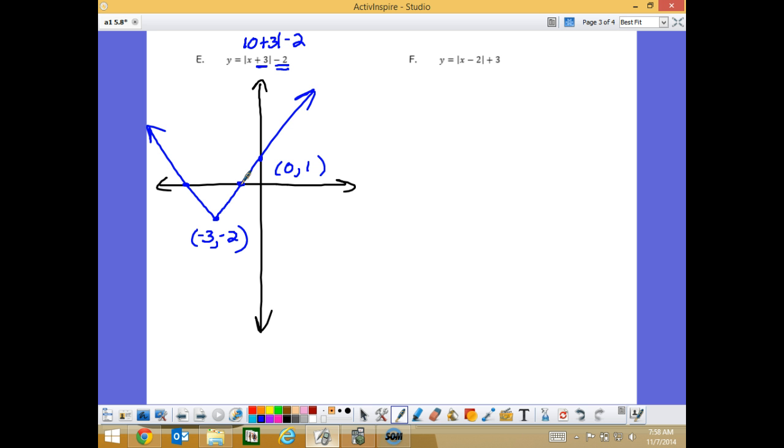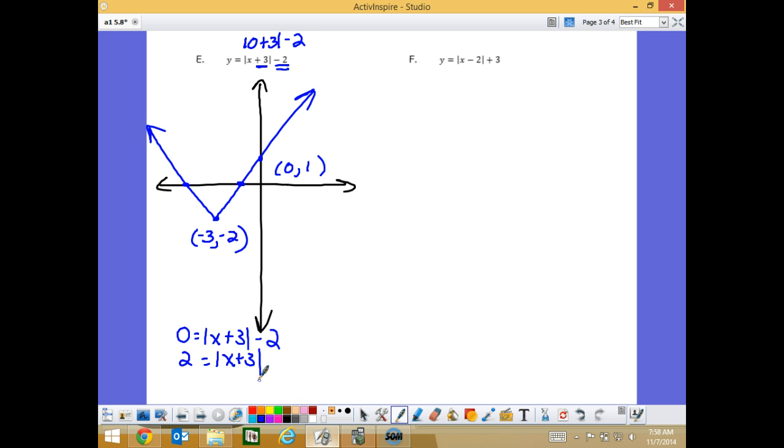So we're going to set this equal to 0 equals the absolute value of x plus 3 minus 2. And to solve that absolute value equation, the first thing we do is get the absolute value piece by itself by adding the 2. So 2 is equal to the absolute value of x plus 3.